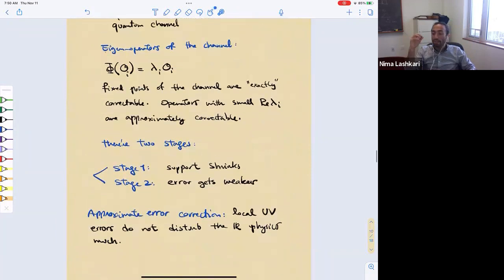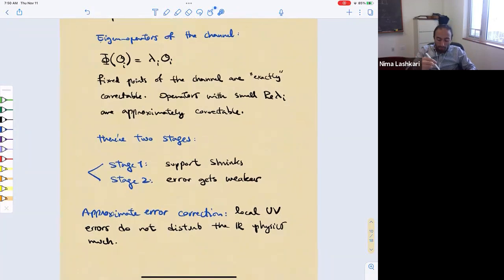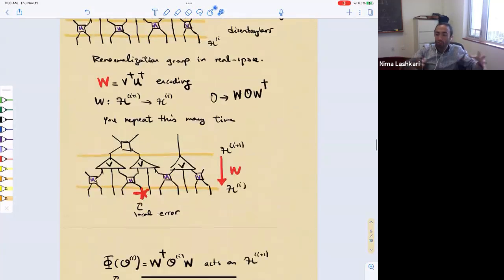So exactly in parallel to the classical story, there are two stages. If you talk about the renormalization group of a large operator, there are two stages. In the very first stage, just based on the structure of the geometry of this tensor network, the support of a large operator shrinks until the support reaches a single site.